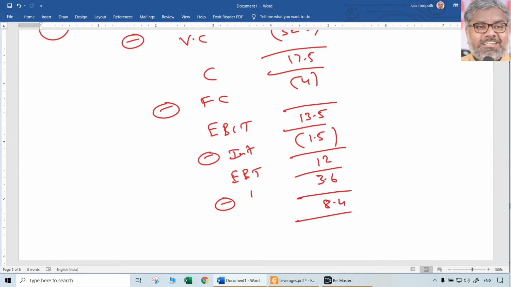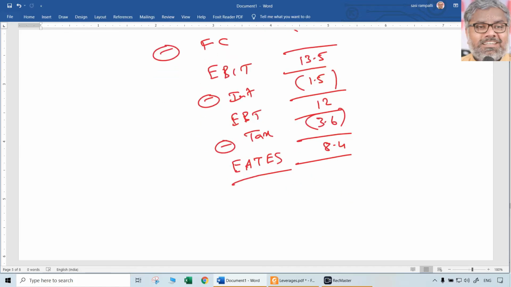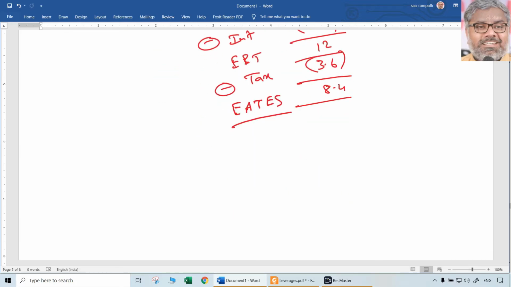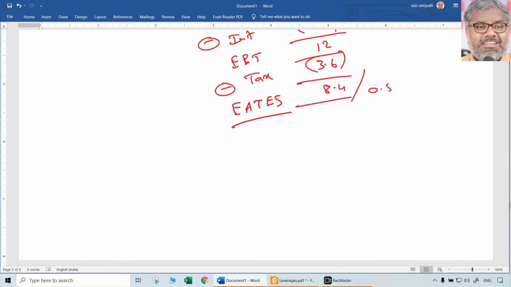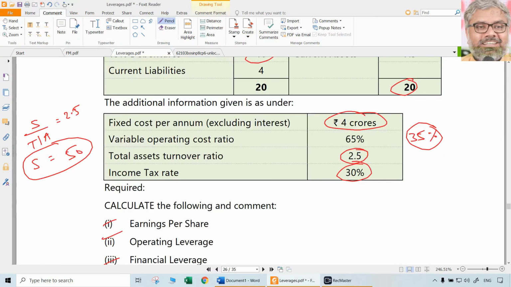That is the earnings available to equity shareholders, divided by the number of equity shares. So 50 lakh shares, 50 lakhs means 0.5 crores. So 8.4 divided by 0.5 is 16.8 rupees, which is the EPS, earnings per share. That is the answer for the first question.